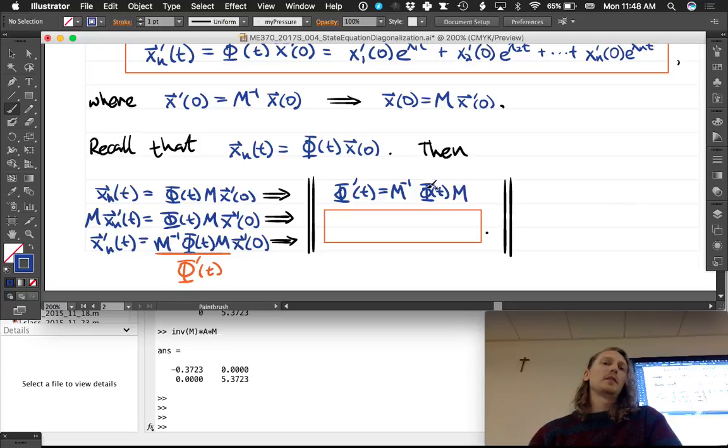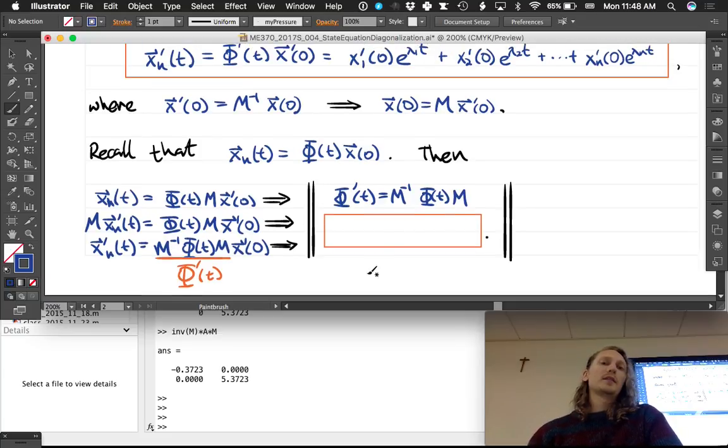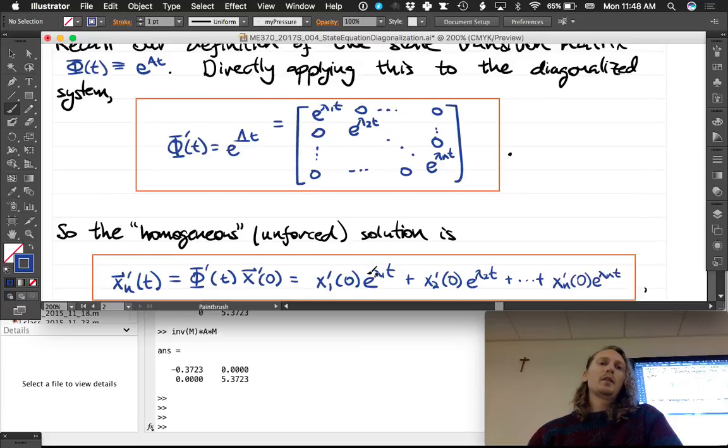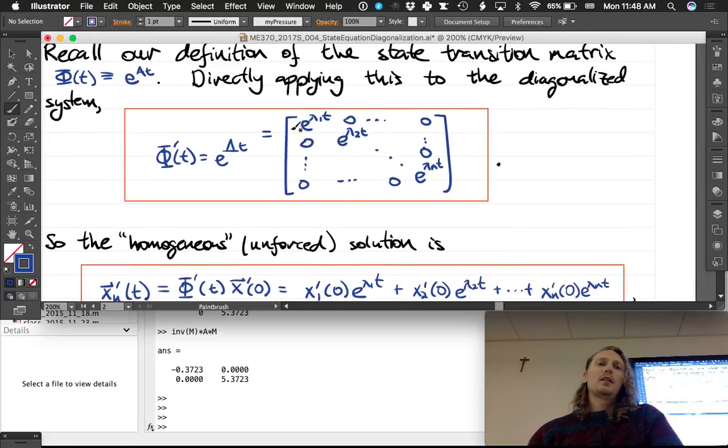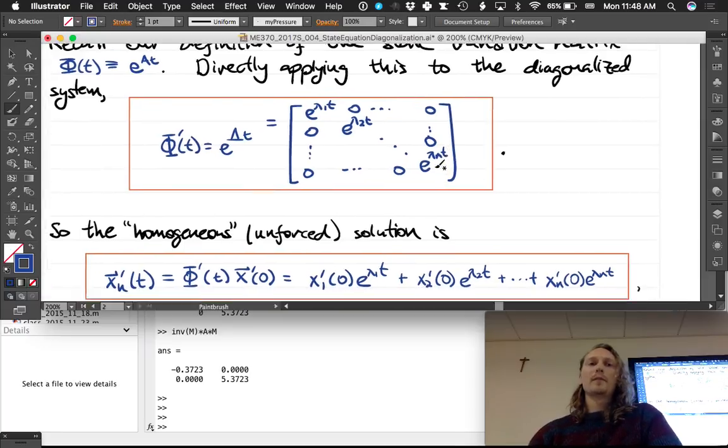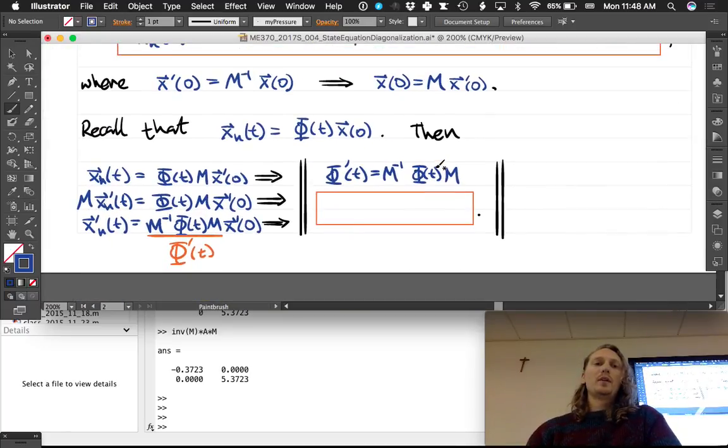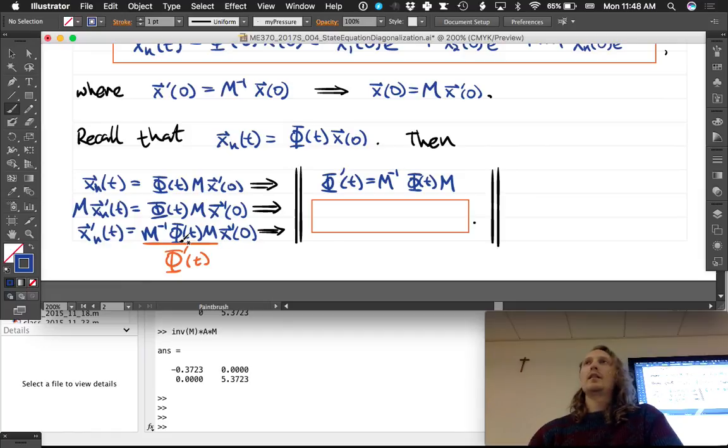I just defined phi prime to be this, but in fact, phi prime was right here. This was the phi prime that we've been working with, right? But we just related it to the original phi, which is what we needed. We wanted to know the relationship between phi and phi prime, and here's what it is.